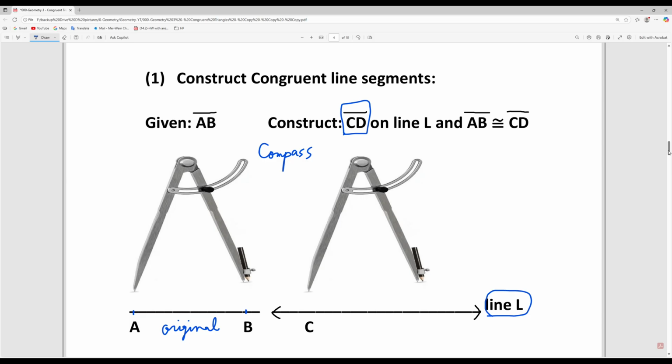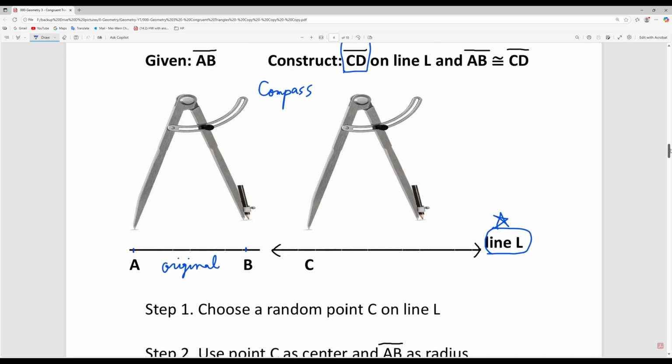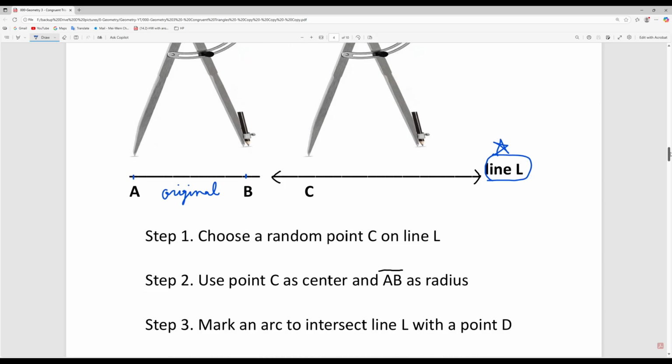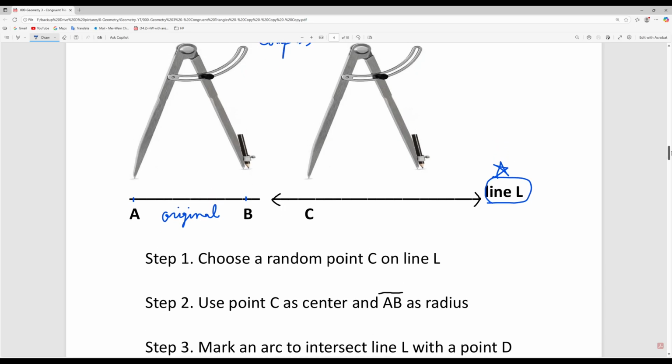But right now, I would like to show you how to construct a separate congruent line segment on line L. Okay. And actually, it's very, very easy. I show you the steps, 3 steps here.